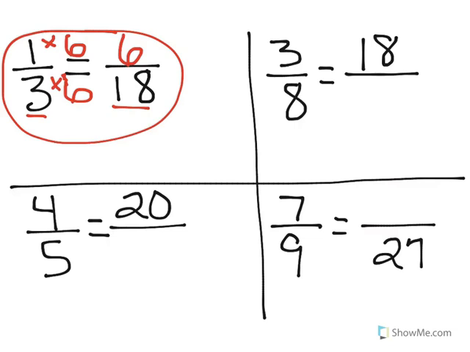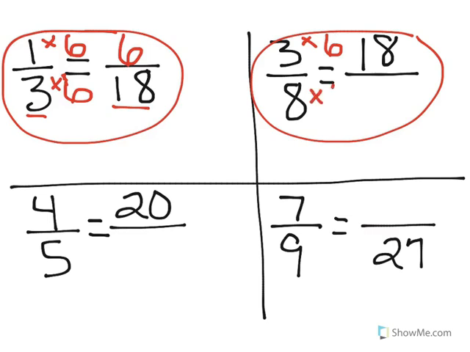Over on the right-hand side, I have 3/8 equals 18 over blank. In this case, I know both of my numerators. Knowing what I knew before, 3 times 6 equals 18. So I have to do the same thing to the bottom to find my missing denominator. 8 times 6 is 48.